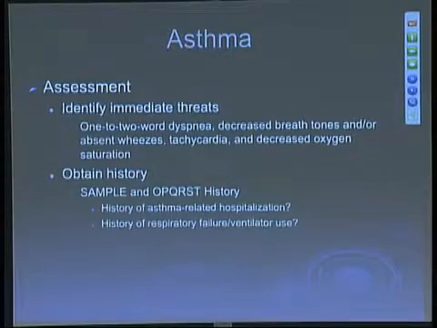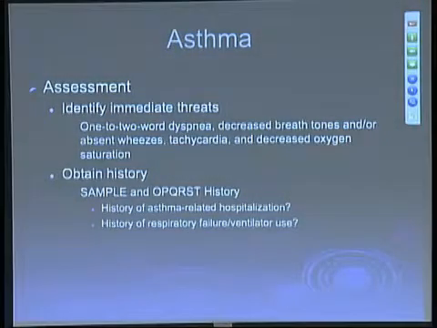So, with an asthmatic patient, just like with the COPD emphysema patient, identify the immediate threats. One-word to two-word dyspnea, decreased breath tones, absence of wheezes in a patient who's got low oxygen saturation, tachycardia.